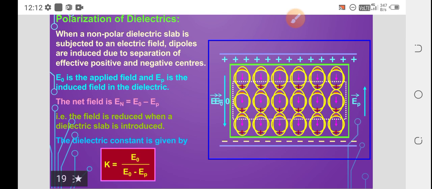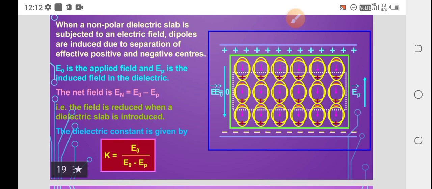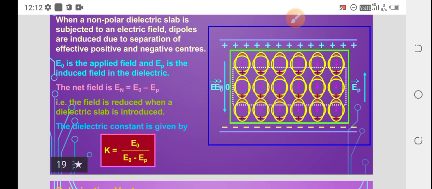Polarization of dielectric: when a non-polar dielectric slab is subjected to an electric field, dipoles are induced due to separation of the effective positive and negative charge centers. So whenever we place a dielectric material in the presence of an external electric field, it induces positive and negative charges, and that is called polarization.